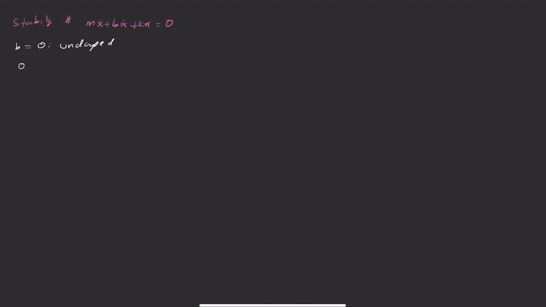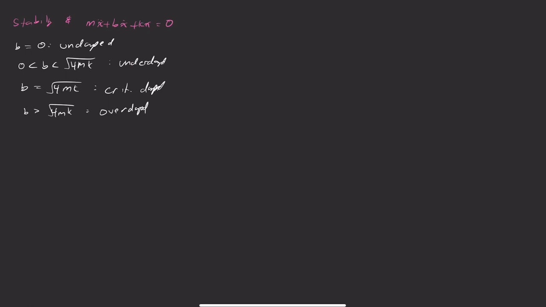If b is between 0 and the square root of 4mk, this is underdamped. If b is exactly equal to the square root of 4mk, this is critically damped. And if b is greater than the square root of 4mk, then this is overdamped.